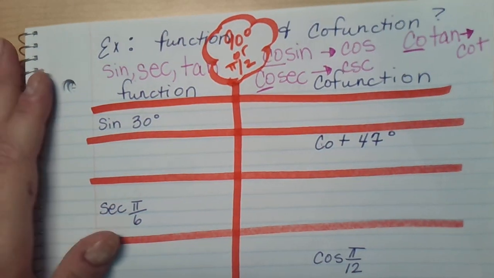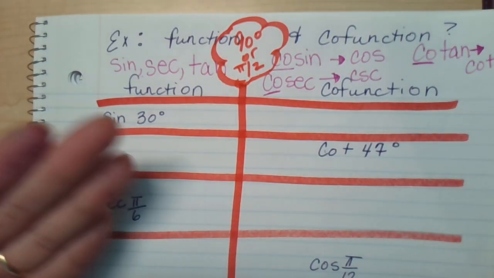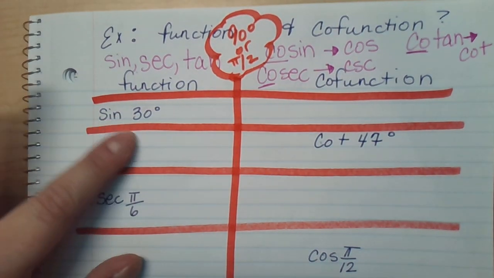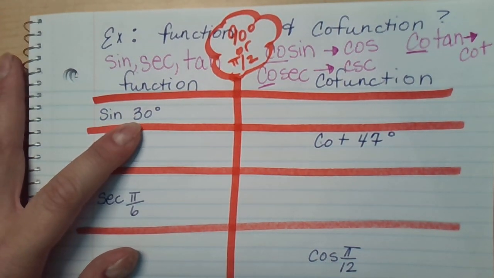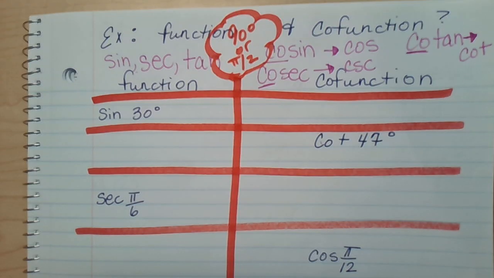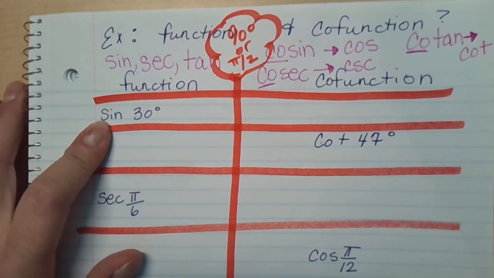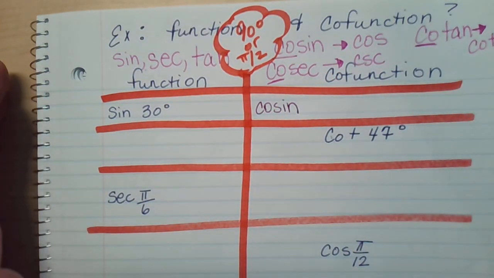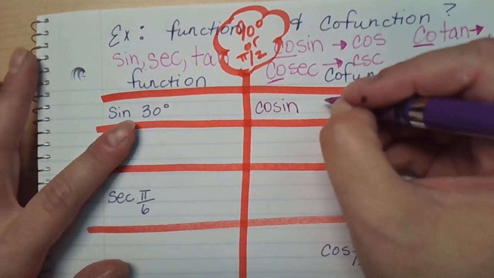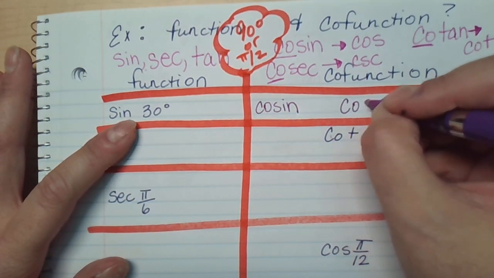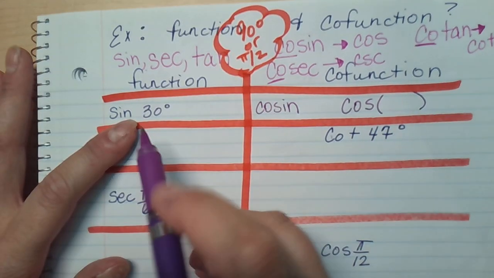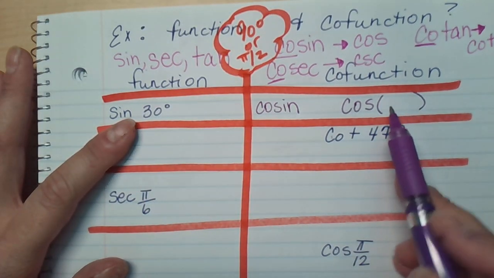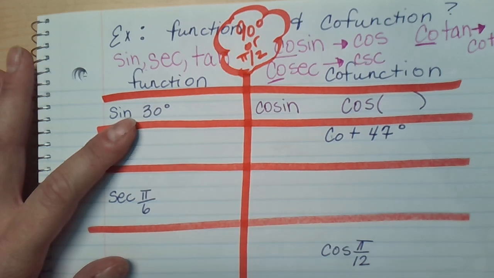Okay, so let's see here. I gave you a table with mixed pieces. Let's say I have sine. What's the cofunction of that? Well, first you put a co on it, cosine, but that's not how we write cosine, is it? So it's just COS, and then whatever is up in these parentheses better add to 90.